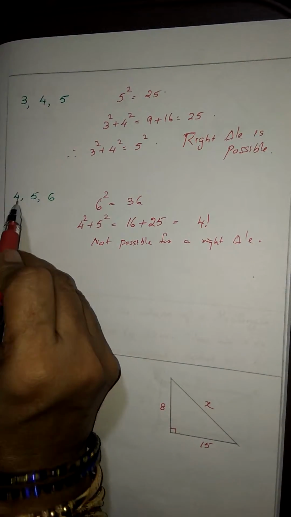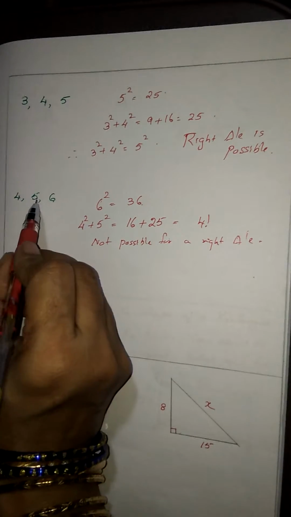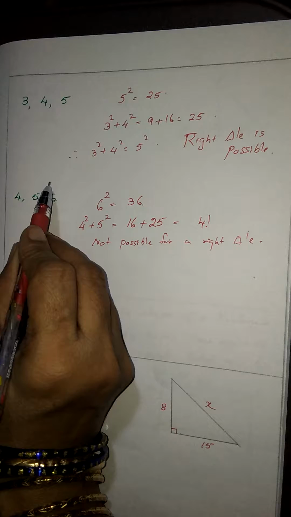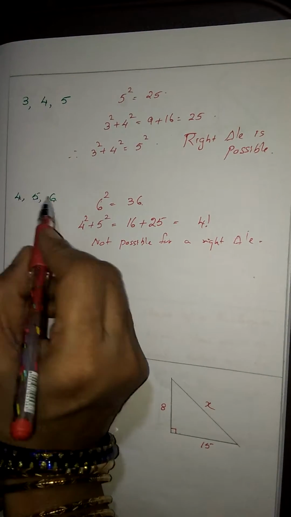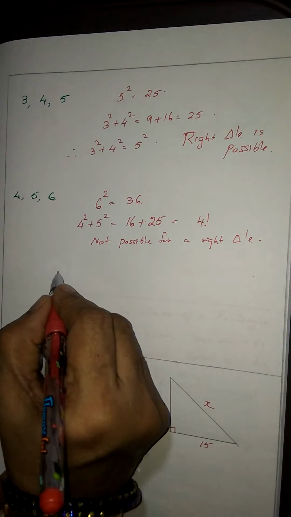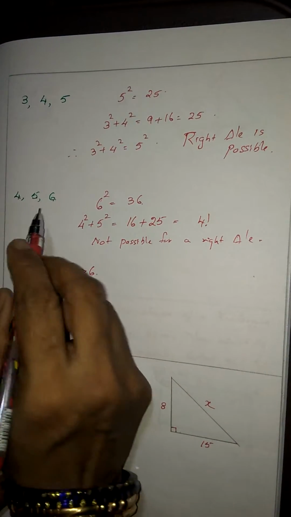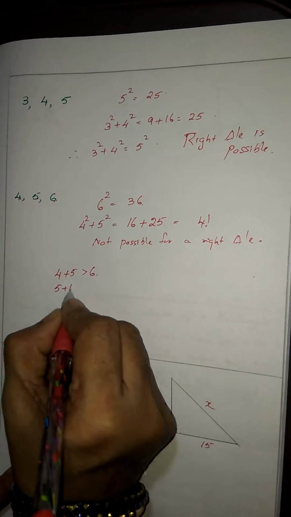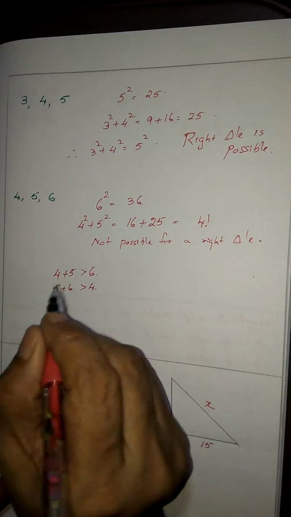We can also see 4 plus 5, 9, is greater than 6. 6 plus 5 is greater than 4. 4 plus 5 is greater than 6. 5 plus 6 is greater than 4.